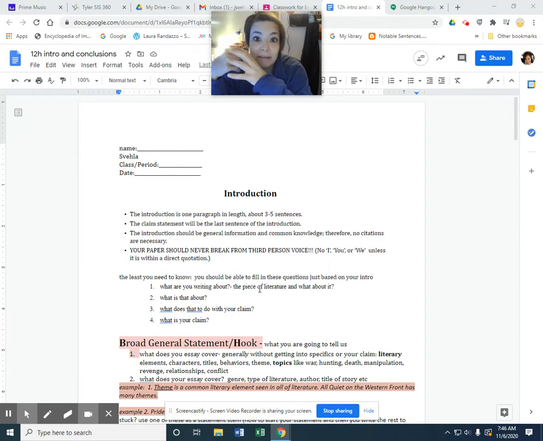So if your claim is that basketball is a better sport than baseball, so your opening would be like, your broad general statement is there are a lot of sports that people enjoy in America. Okay, so what information do I need to know about that? So I might have to say something like, okay, well, there are 2 major sports that a lot of people really, really focus on in America, and that's football and baseball, and they're both equally important.